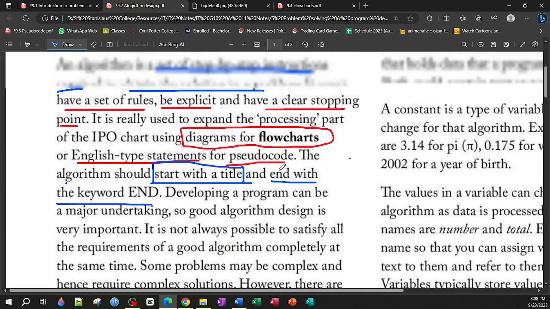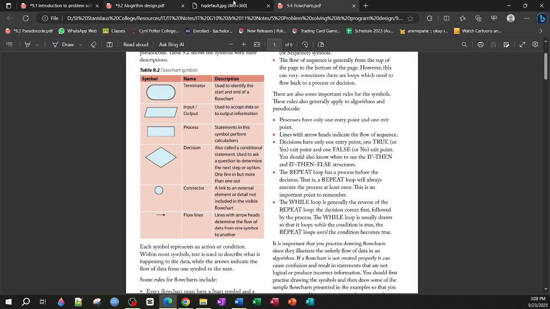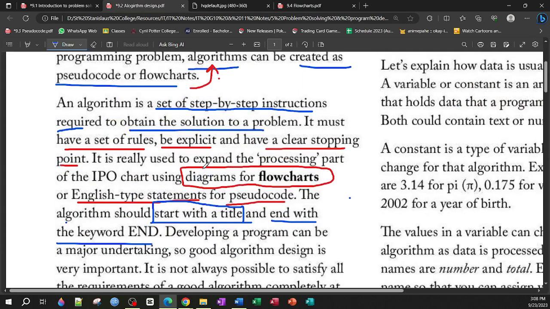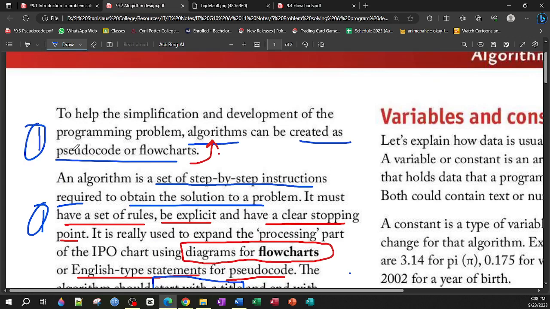Like how you have the word algorithm here, just imagine that was the title, and that's an indication that this is the start of the algorithm. So the first thing we learned is that an algorithm can be represented either by a pseudocode or a flowchart.